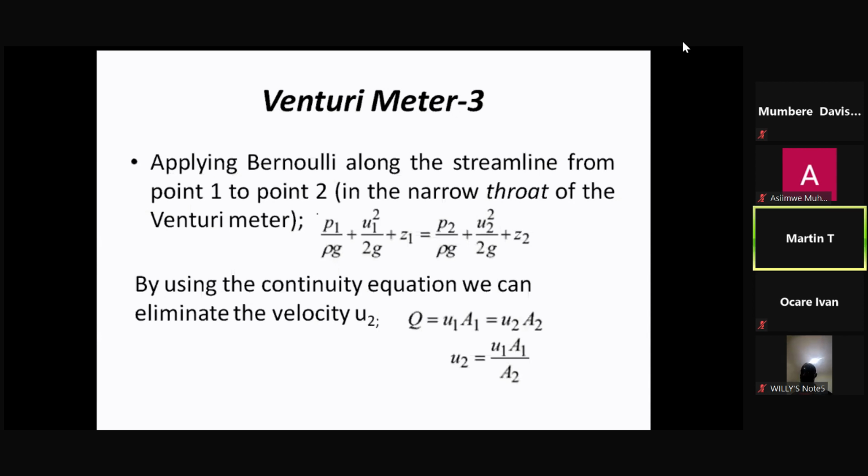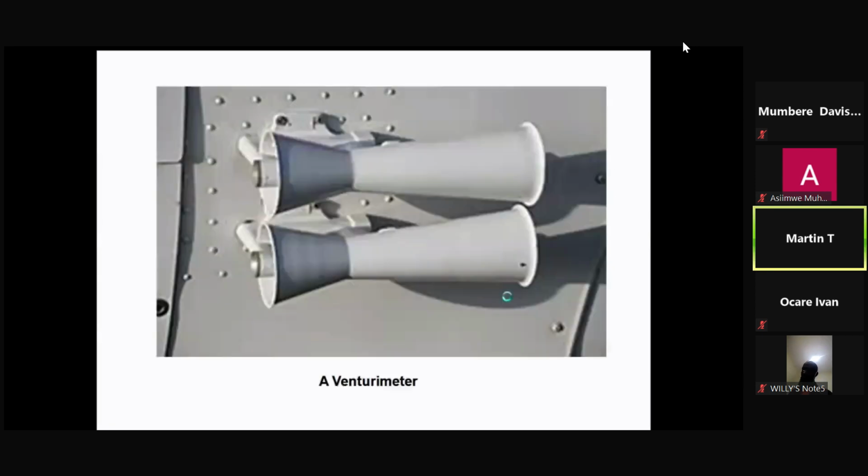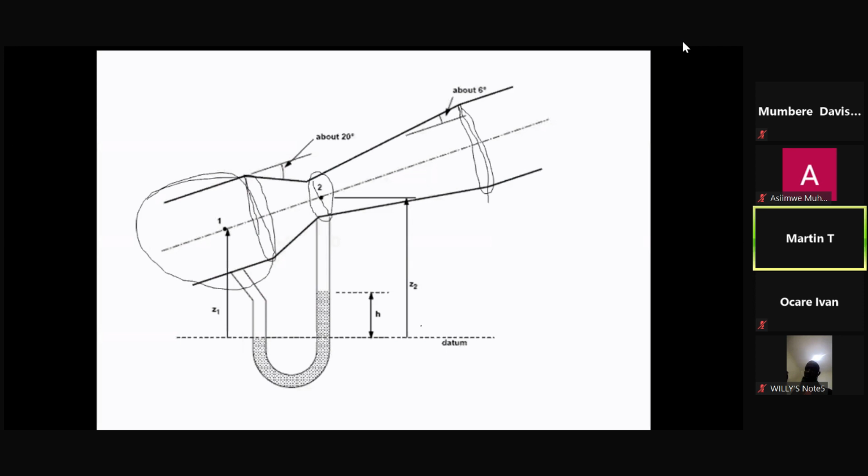So U2 is equal to U1 A1 over A2. If we substitute and rearrange, we are substituting for U2. The reason you're substituting for U2 is that you're not interested in the velocity at point 2.